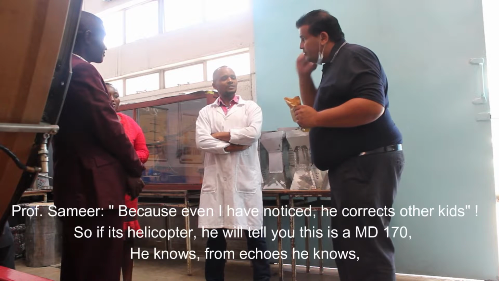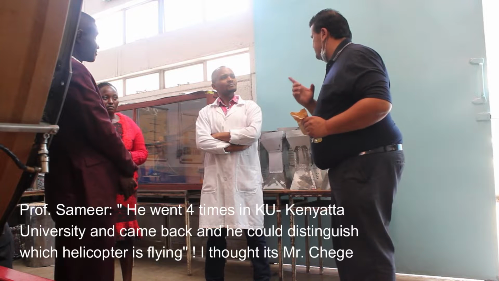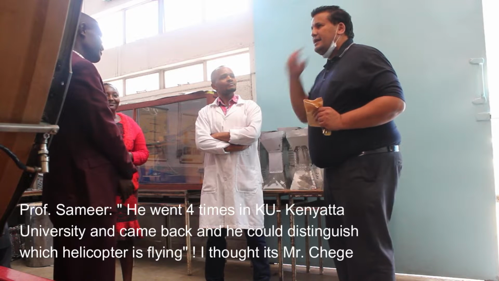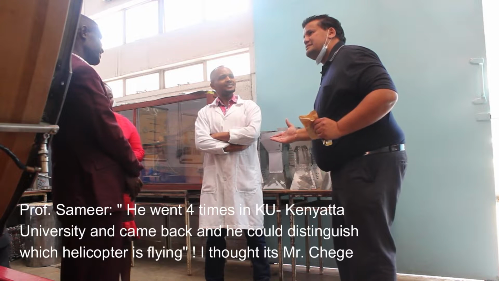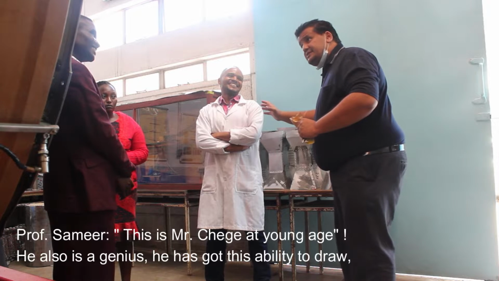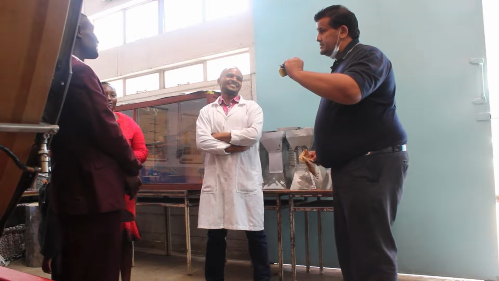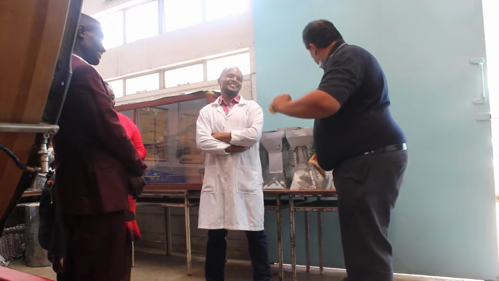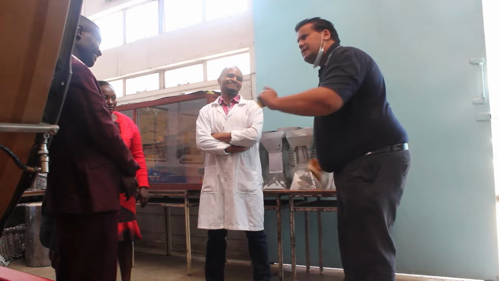He knows, from the acoustics. He went out 4 times a day and came back and distinguished which helicopter is mine. I thought it was Mr. Chege. This was Mr. Chege at his young age. He also is a genius. He has got this ability to draw. If I show you what he did, he drew a coaxial rope, he just draws and it comes out.